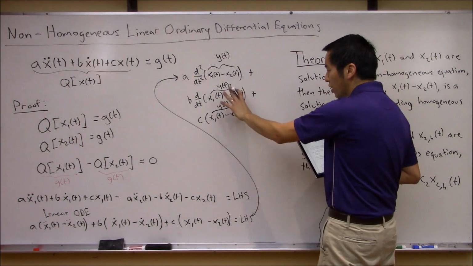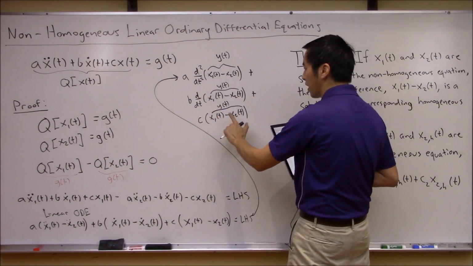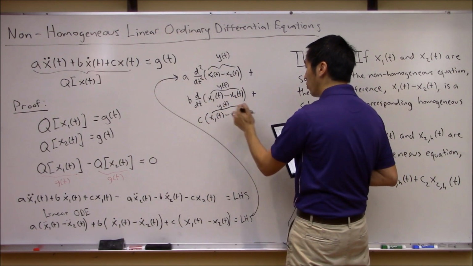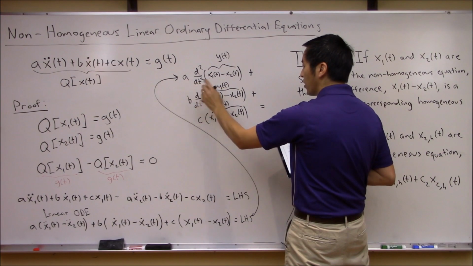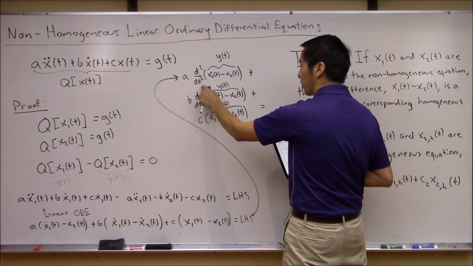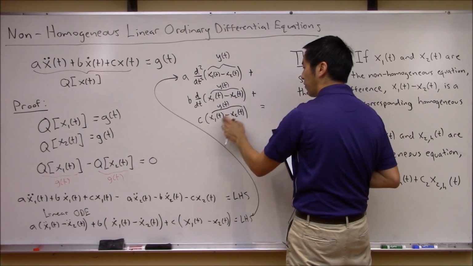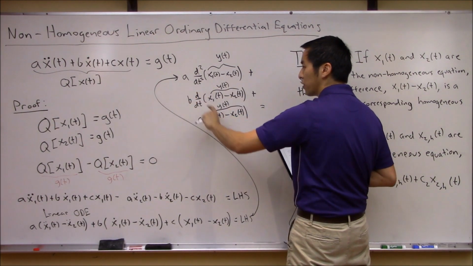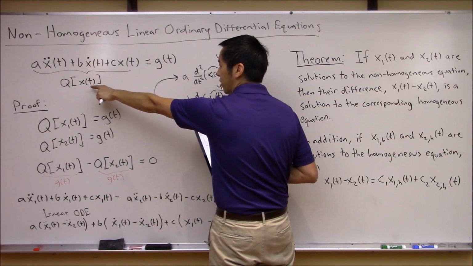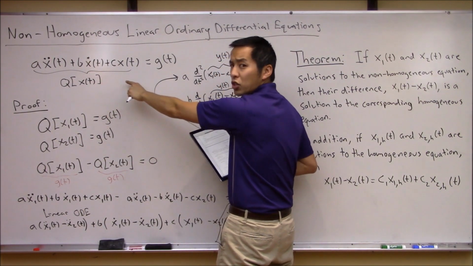So if you stare at this long enough, all this is doing is, you take some function y, take its second derivative, multiply by a, take its first derivative, multiply by b, take the function, multiply by c, and add them all together. That's exactly what this Q operator did. This is exactly the definition of our differential equation earlier.